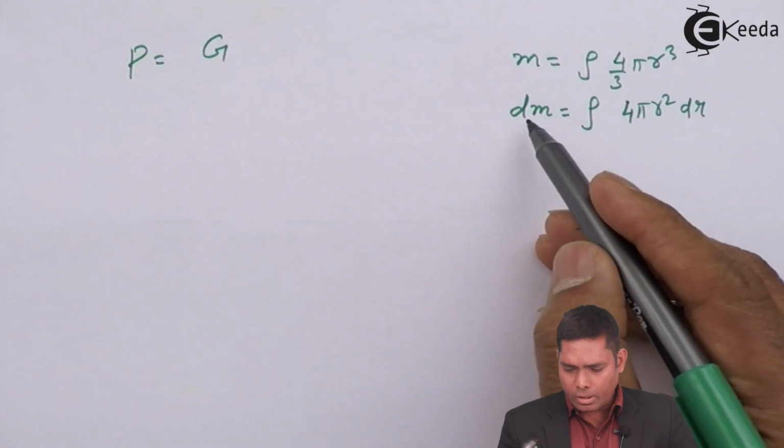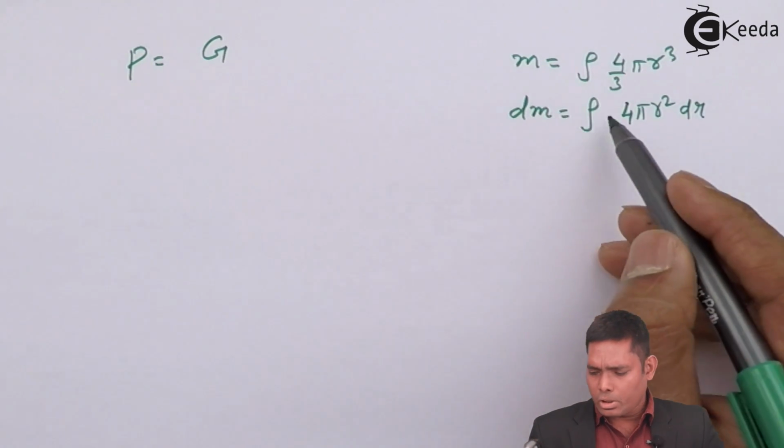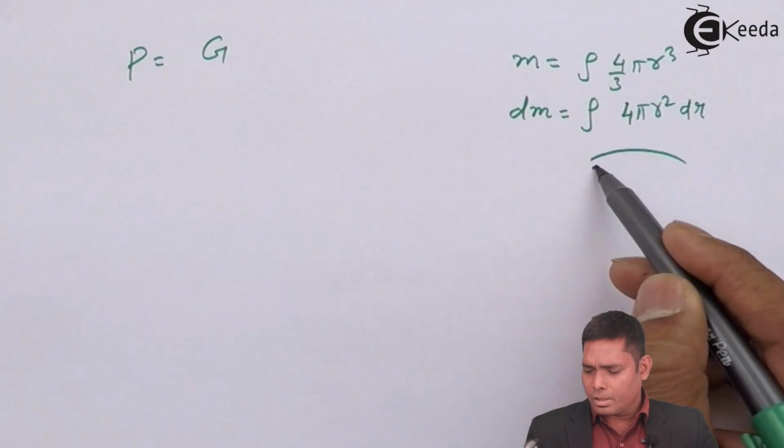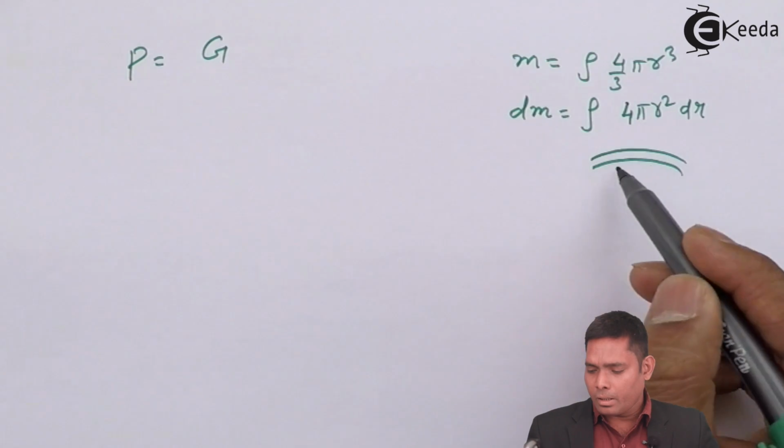The mass of the element is density into the volume of the element, because this is a hollow sphere.